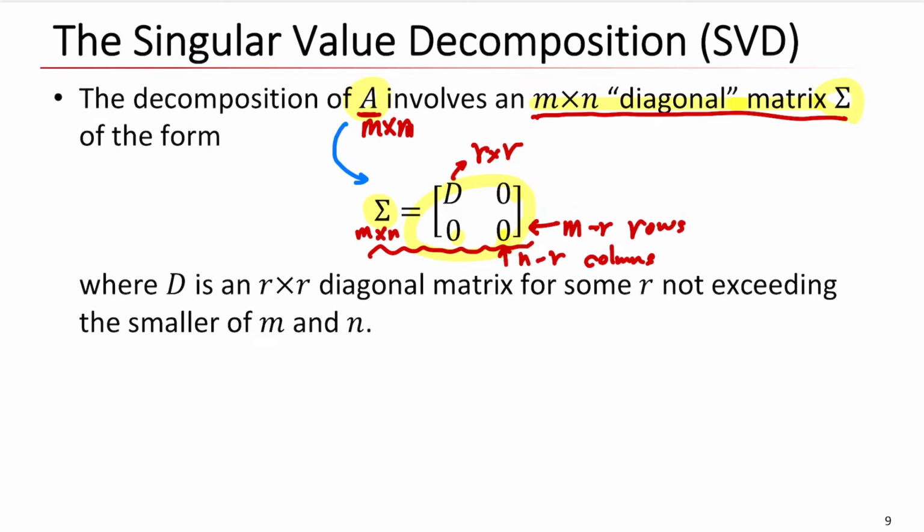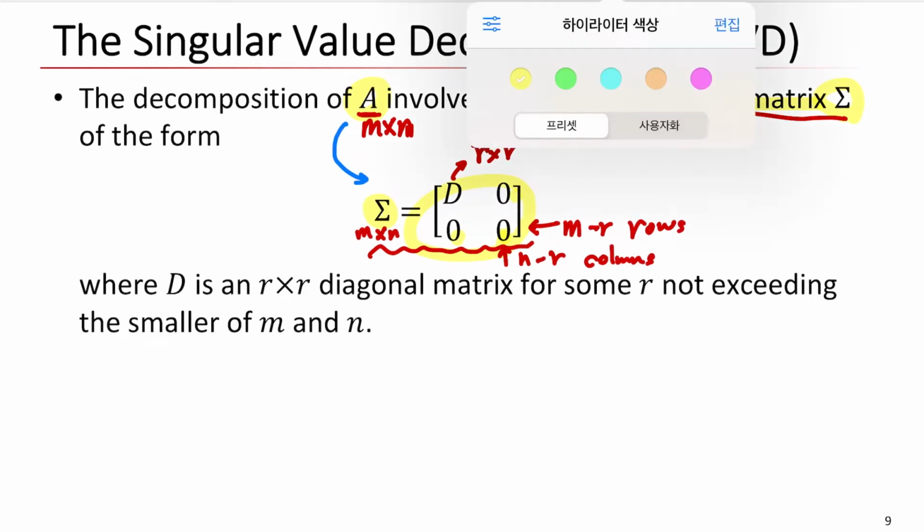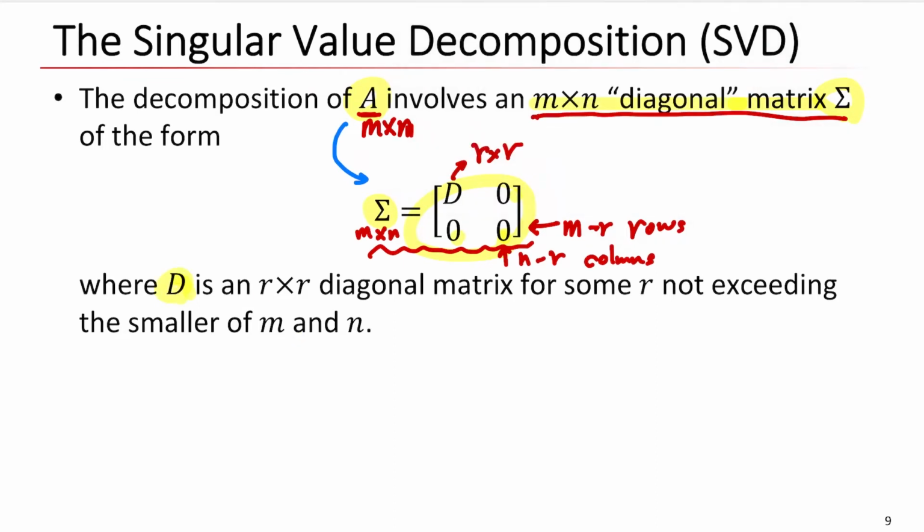We will generate this diagonal matrix where D is the r by r diagonal matrix for some r not exceeding the smaller of m and n. Anyway, it is the r by r diagonal matrix.